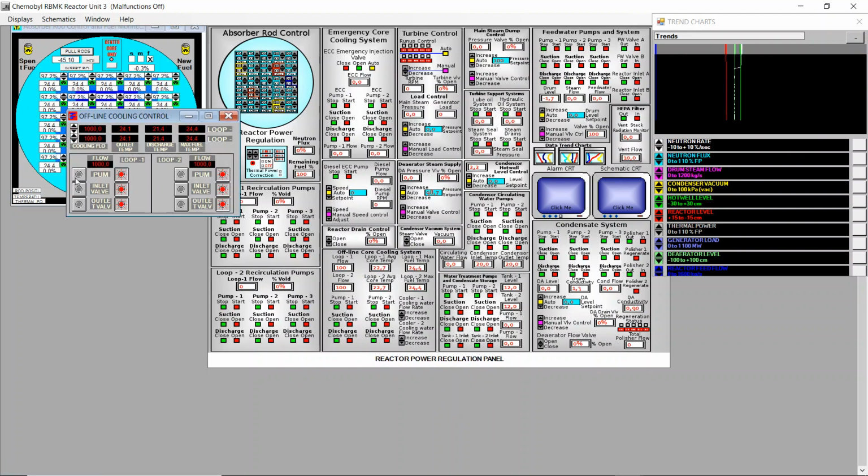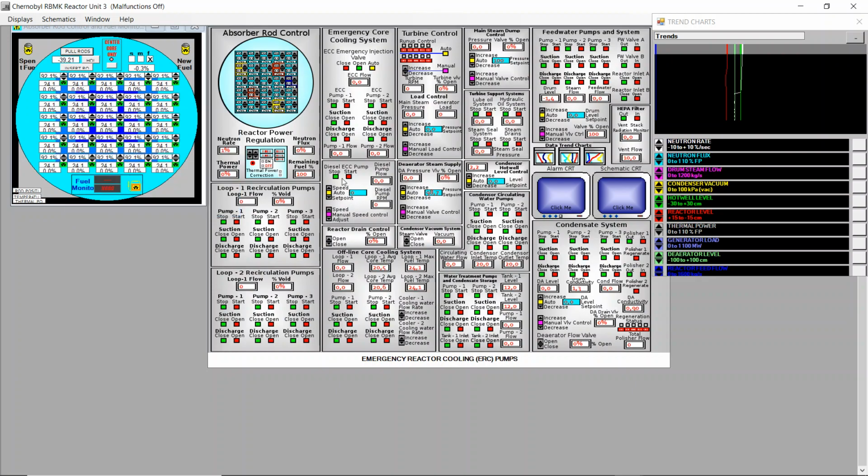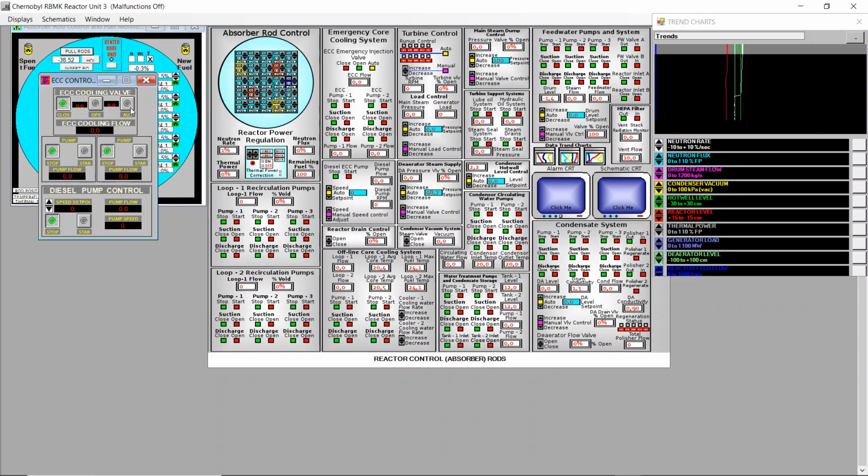At the same time I will switch off the offline cooling systems, so we start heating up the water in the primary, and I will also close the outlet valve in the loop 1 and loop 2. I will connect the diesel systems for the emergency cooling.